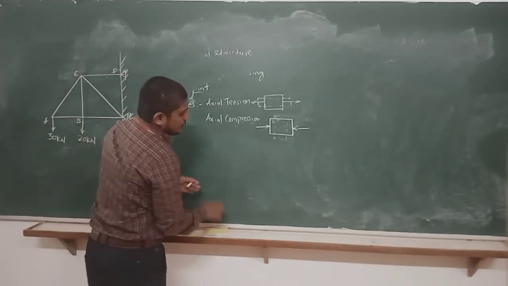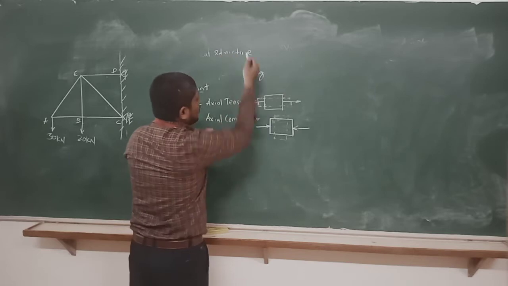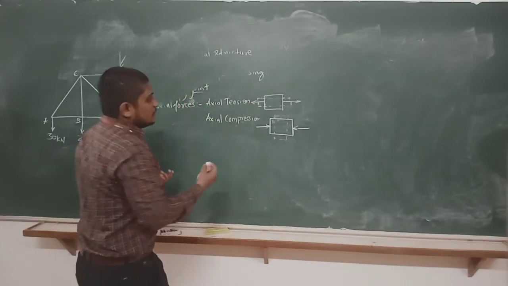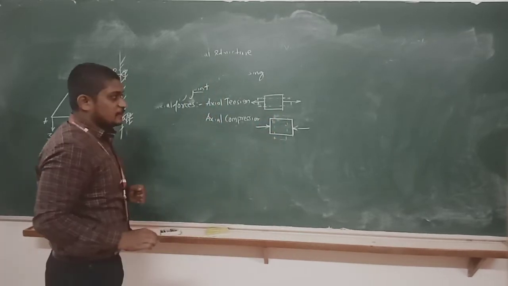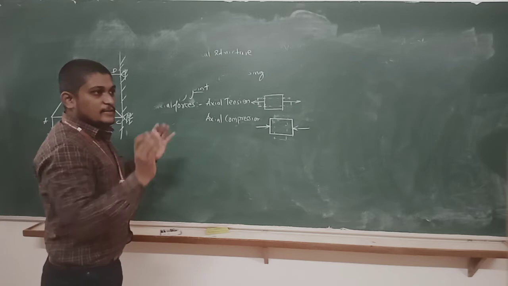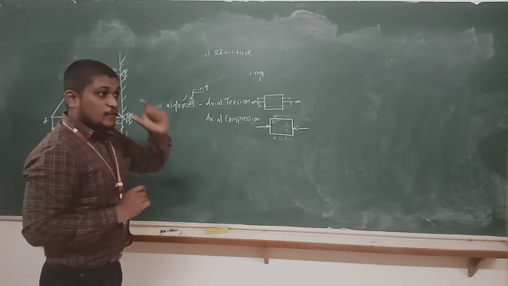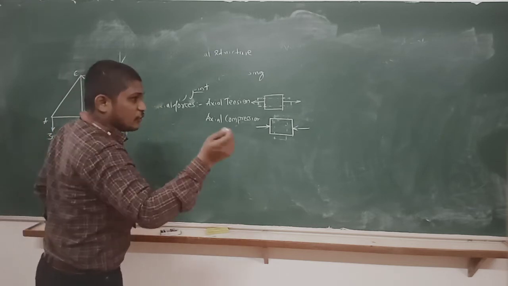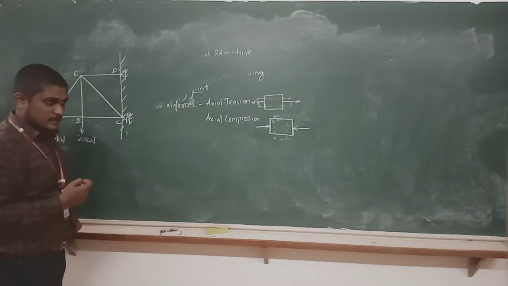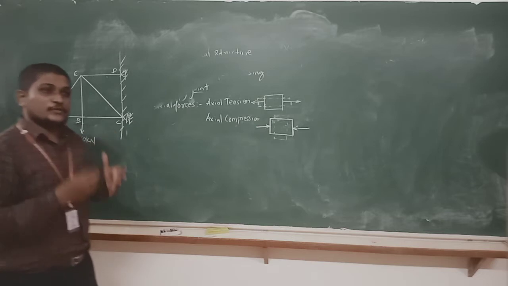See why the virtual work principle, the energy principle, you are using. Why is the change in the dimension taking place when you press it? Why is this material going under some change in dimension? The word is strain: the change in length to the original length is what we call strain. Why do those changes come?